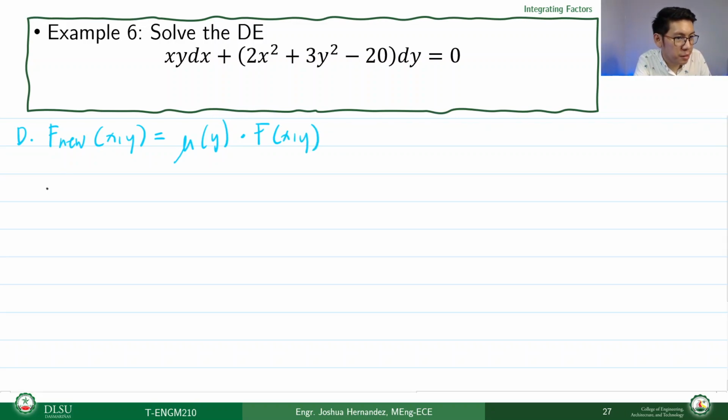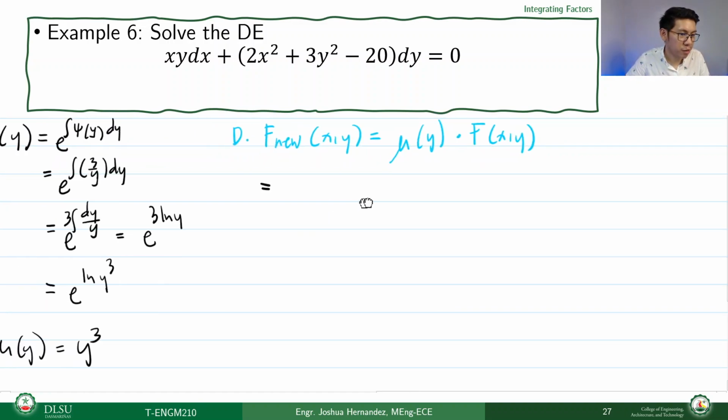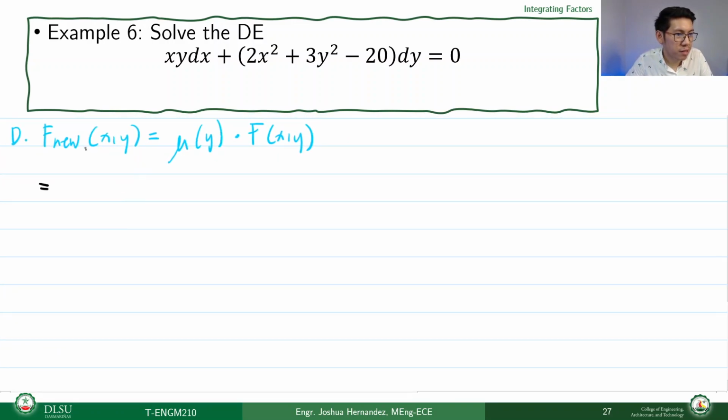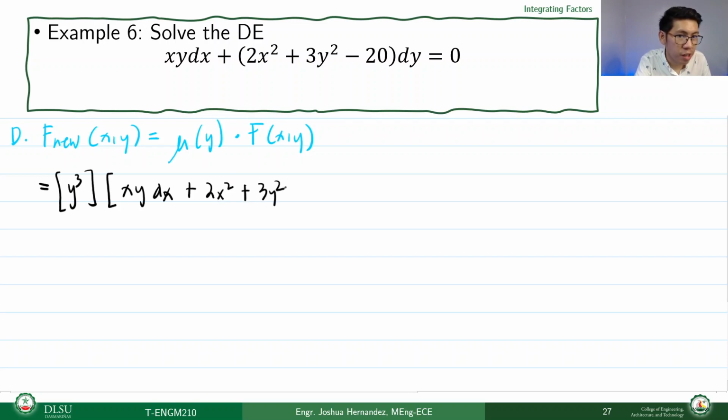So, doing just that, ano nga uli yung integrating factor natin? Y cubed. So, we have y cubed multiplied to yung ating original given problem, which is xy dx plus 2x squared plus 3y squared minus 20 dy equals 0.